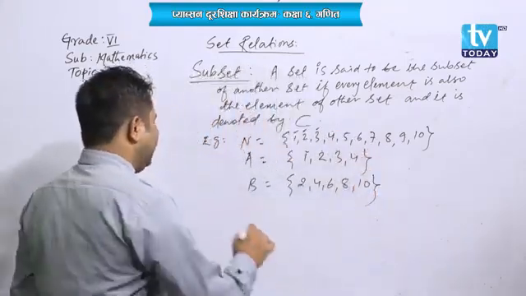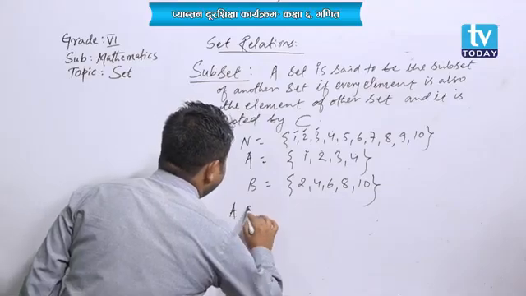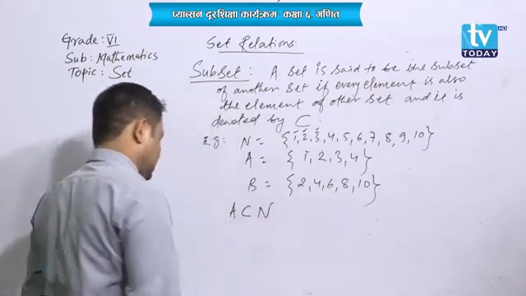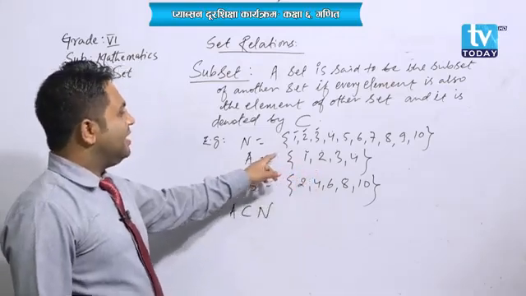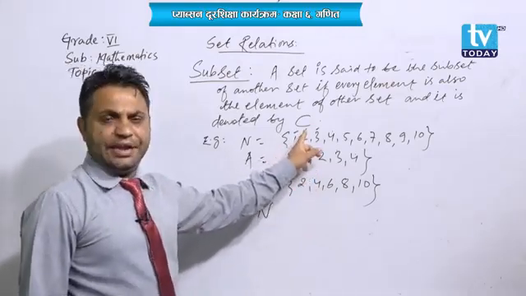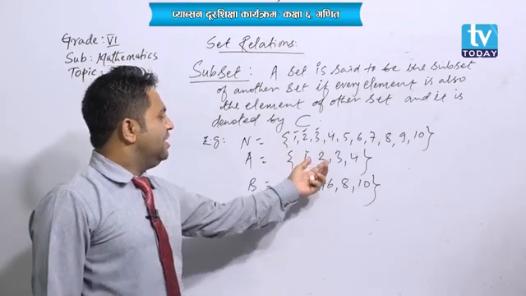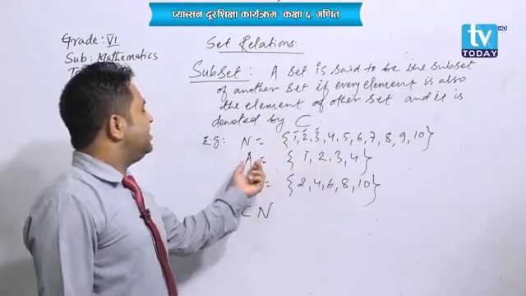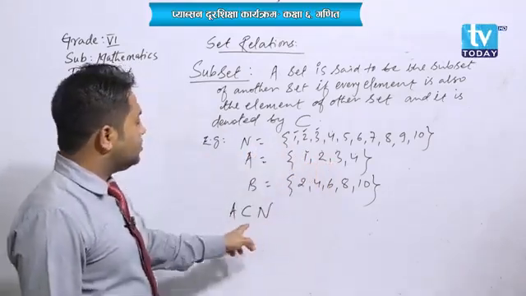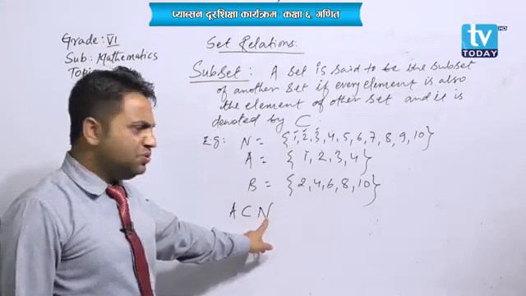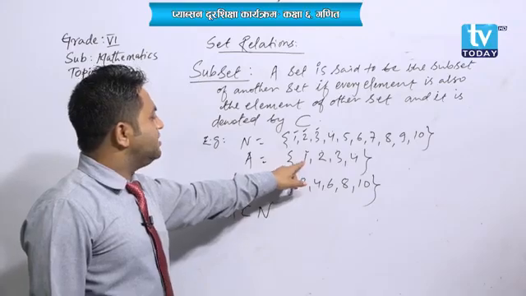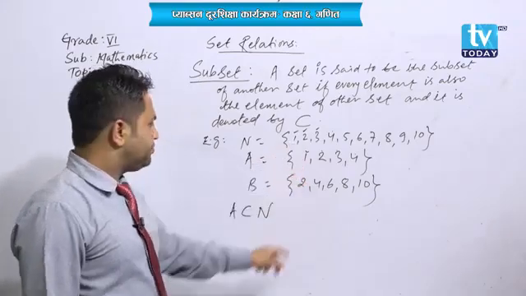So here A is a subset of N. Is that clear? Every element of set A is in set N. If every element of set A is in set N, then A is a subset of N. Understood?